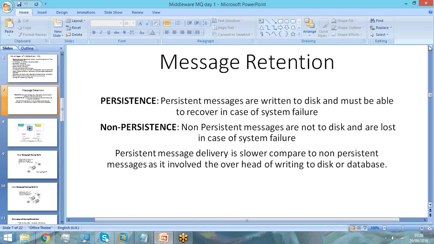It can just be transferred. So when an application architect designs, they choose whether to use persistent or non-persistent messages. Both message types are supported by MQ. Any doubts?